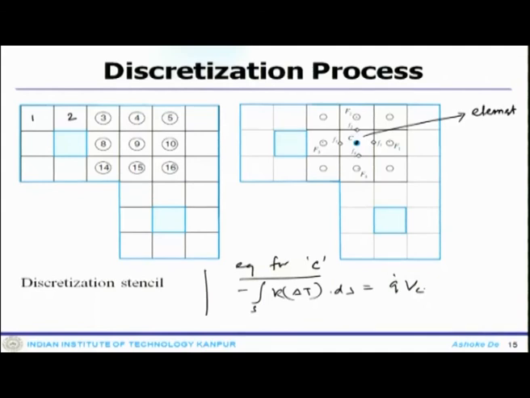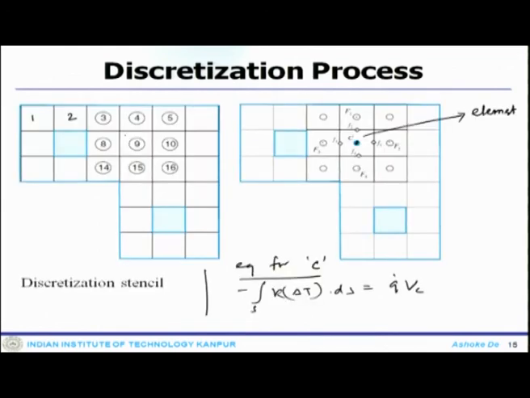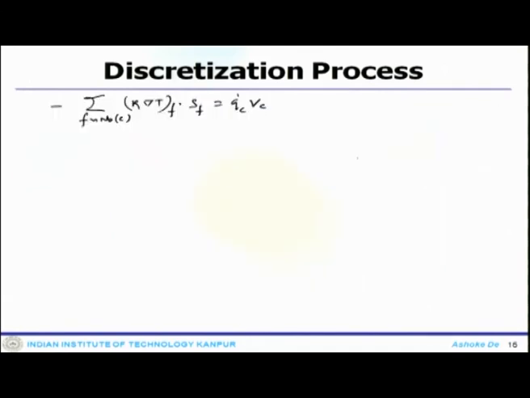Okay. So if I do that summation around that C, this is k del T dot Sf equals q dot C Vc, and this F goes over that surface. That means 1, 2, 3, 4, these are the surfaces. So the summation would be over those surfaces.